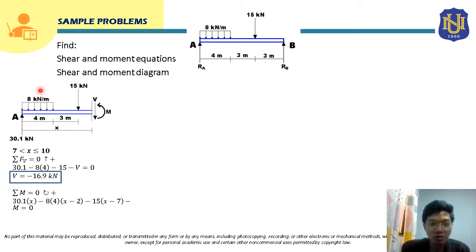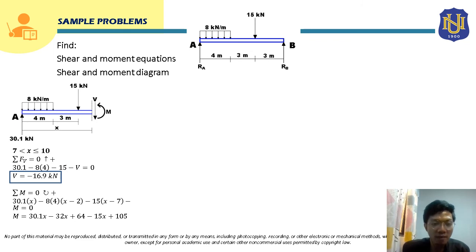For the equivalent point load, its moment arm will be x minus 2, so that will be 8 times 4 times x minus 2, and that will be counterclockwise. And for this 15 kilonewton concentrated load, its moment arm will be this distance, which is x minus 7. And then for the moment, that will be negative M.